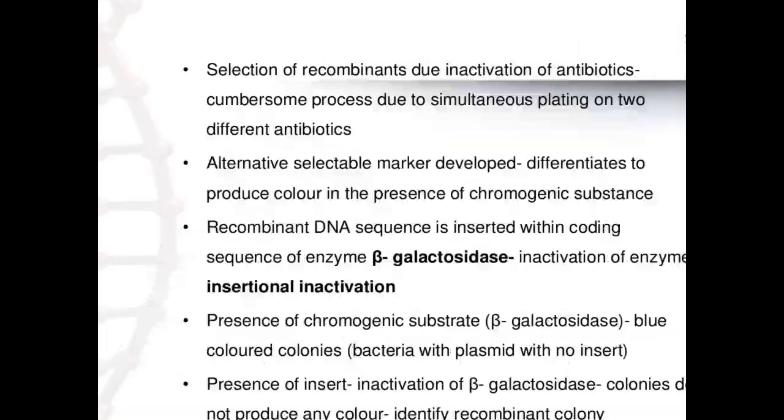An alternative selective marker differentiates recombinants by producing color in the presence of chromogenic substrates. The recombinant DNA is inserted within the coding sequence of the enzyme beta-galactosidase, causing insertional inactivation. In the presence of the chromogenic substrate, bacterial colonies with the plasmid with no insert produce blue color, while in the presence of an insert, the beta-galactosidase is inactivated and the colonies do not produce any color, identifying the recombinant colony.